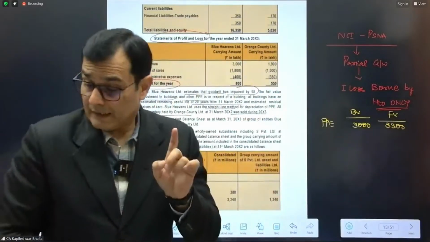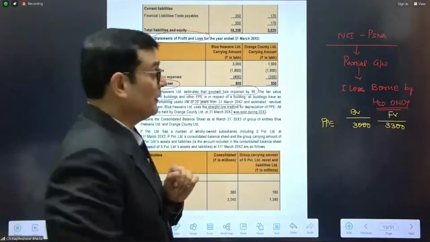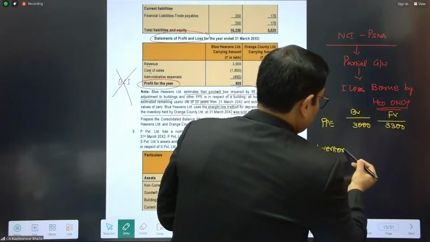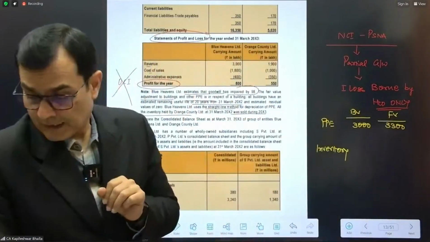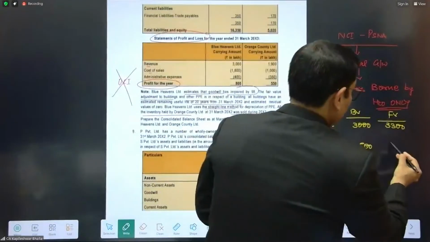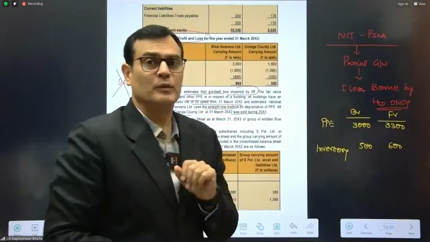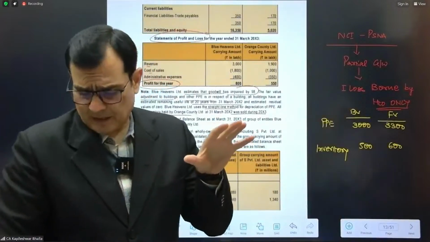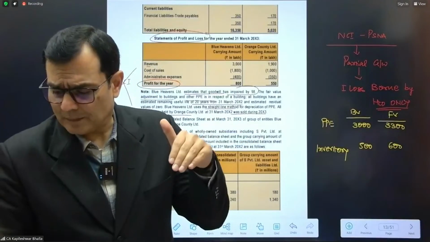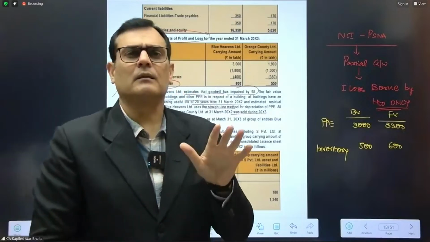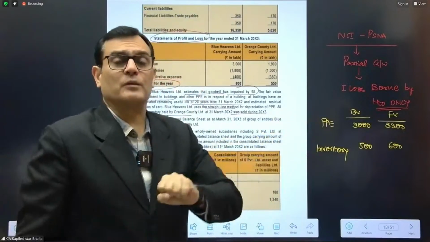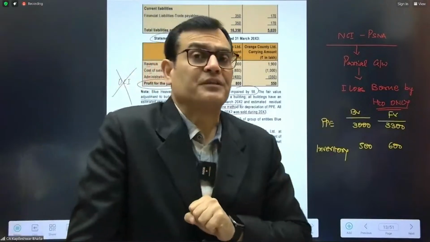Then there was inventory with a book value of 500 and a fair value on the date of acquisition of 600. We're given a couple of fair values, but I've picked up building and inventory. For the rest, trade receivables, cash or trade payables, the book value and fair value were the same. So these were the only two items where the book value and the fair values were different.